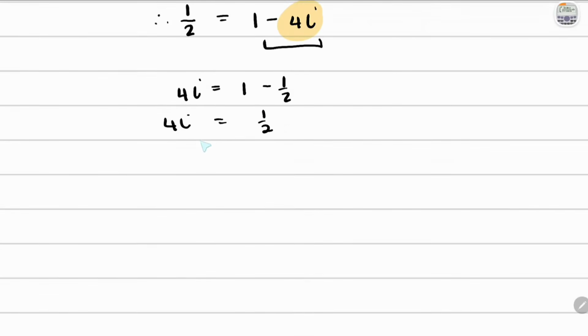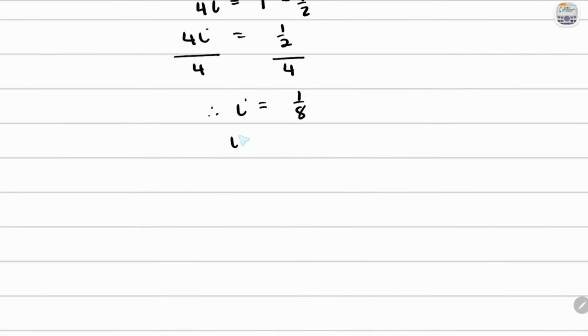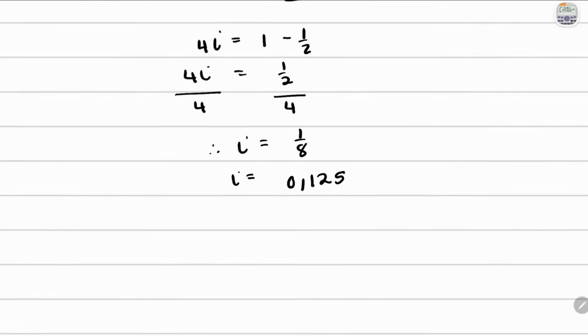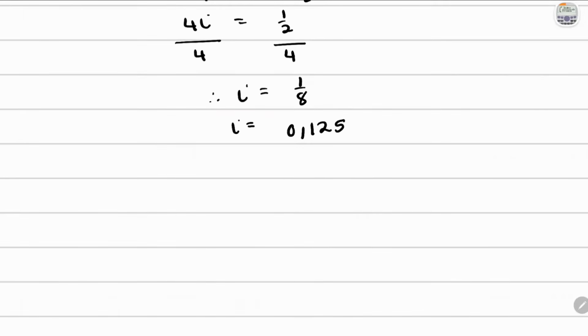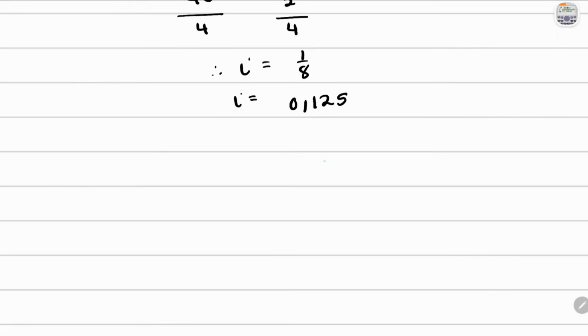Then we can get rid of the 4 by dividing both sides by 4, and therefore i is equal to a half divided by 4, that's 1 over 8. But then as a decimal, that is 0.125. Okay, you can use a calculator, but yes, 1 over 8 is 0.125. So that is the interest as a decimal. So we're going to have to tell them the rate, right?